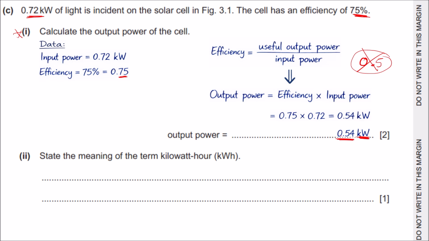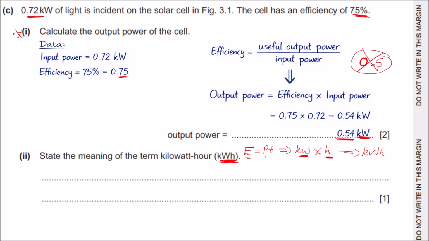Part 2 of C, state the meaning of the term kilowatt hour. Now, I want you to understand that kilowatt hour is energy. Remember, energy is equal to power times time. Kilowatt, which is power, times time in hours gives kilowatt hour, so a kilowatt hour is a unit of energy.